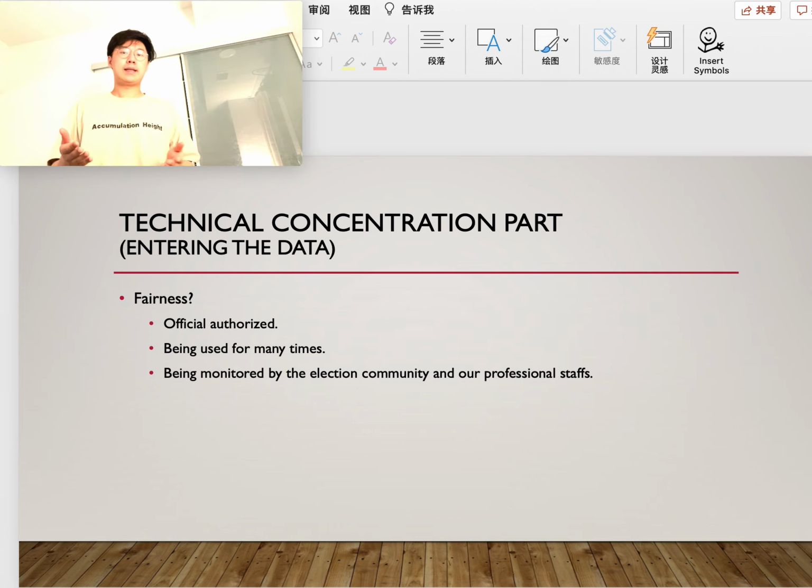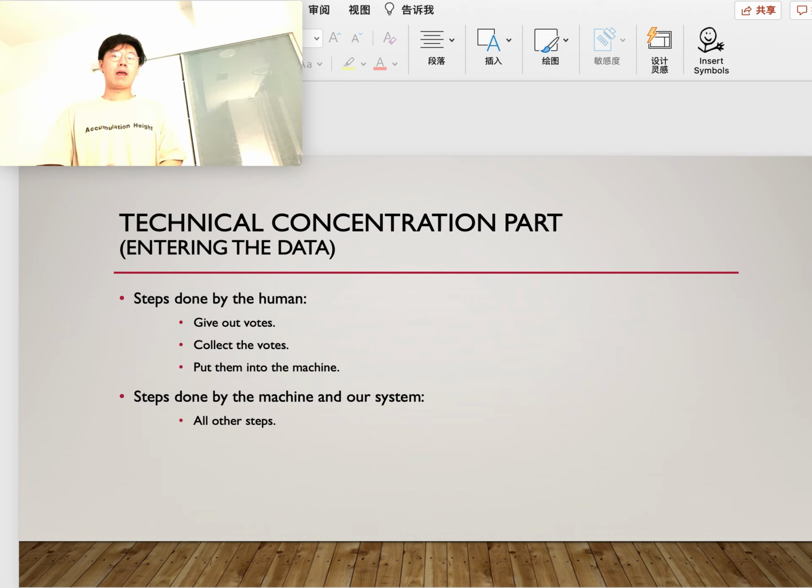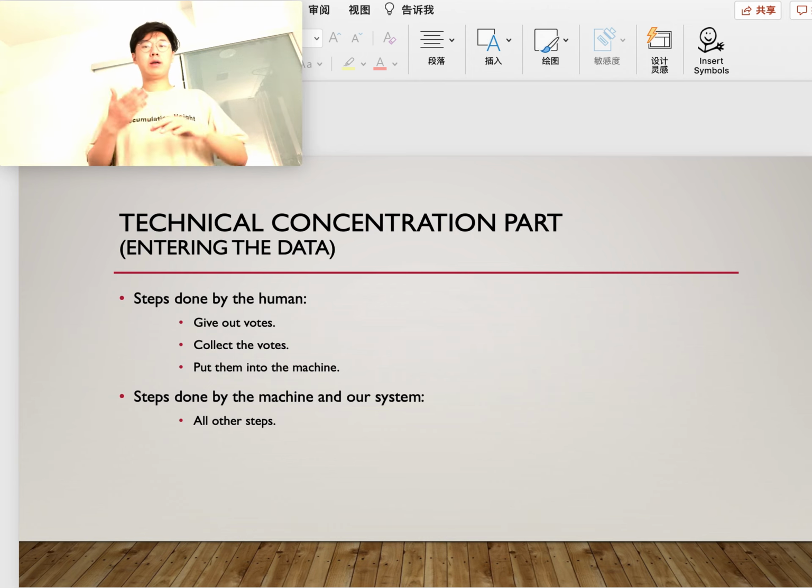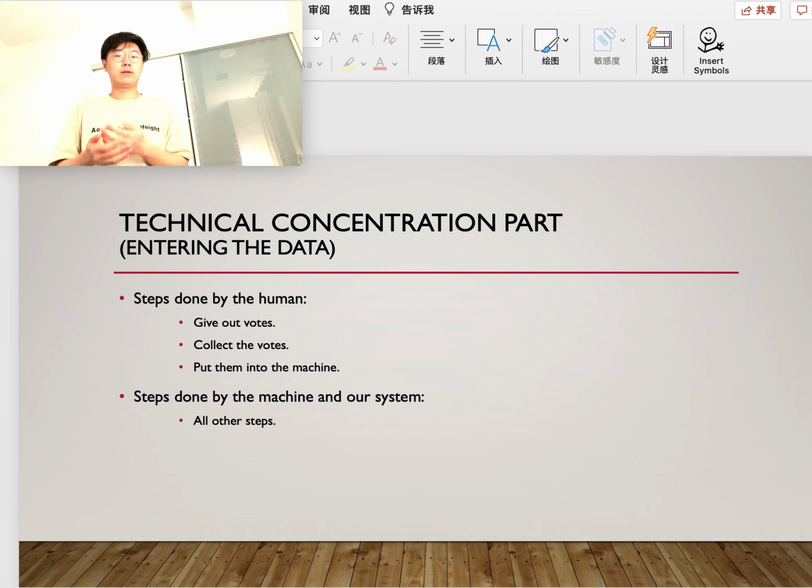The first point is that if you use our system to take a vote, you only need to deliver special votes which have empty blocks, and the blocks are filled in with a pencil. After the voters finish, you collect all the votes together and put them into one machine.